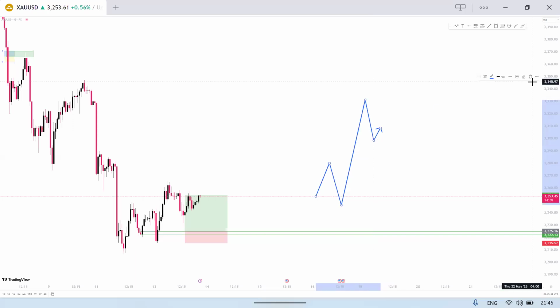So I also talked about the internal and external liquidity, which is just the liquidity outside the dealing range is the external, and the internal is the entry, like your institutional reference point in the dealing range.